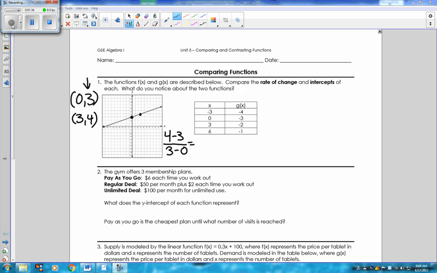So 4 minus 3 is 1. 3 minus 0 is 3. So my rate of change of my graph is positive 1/3. What's my y-intercept?